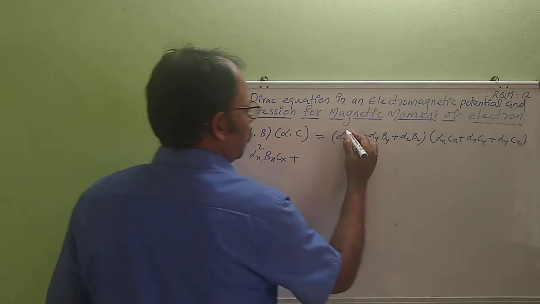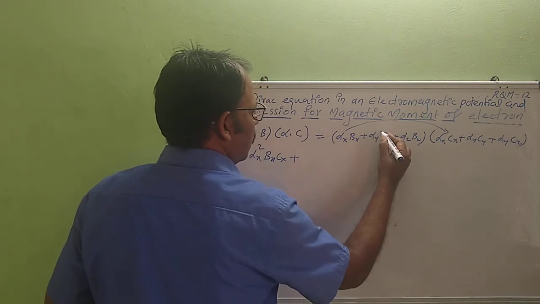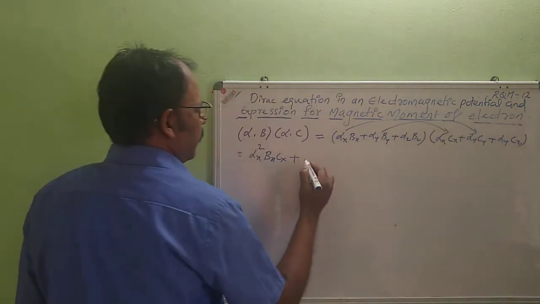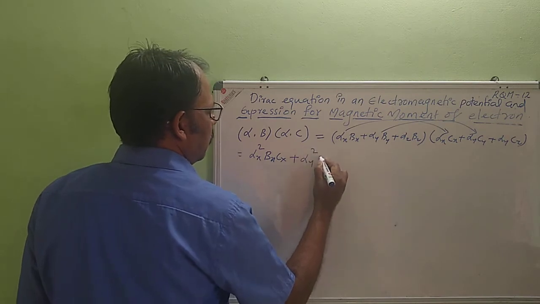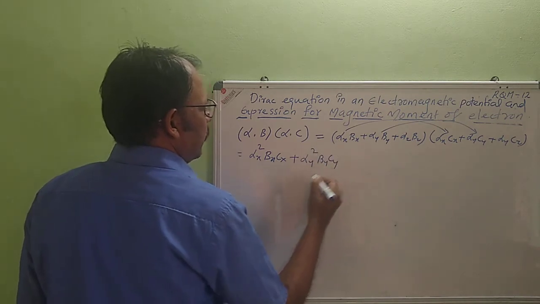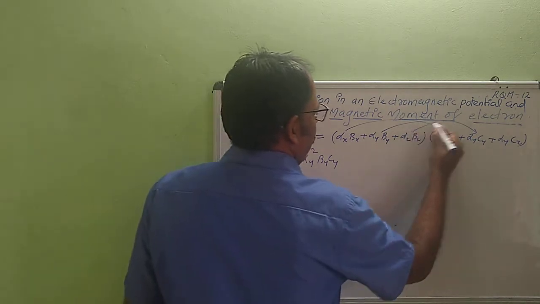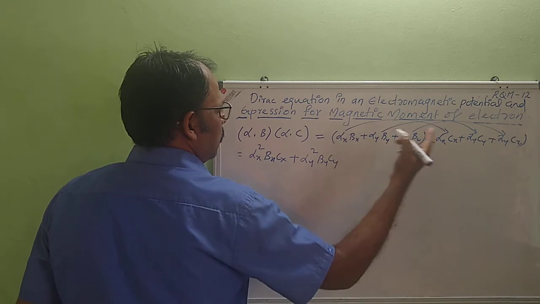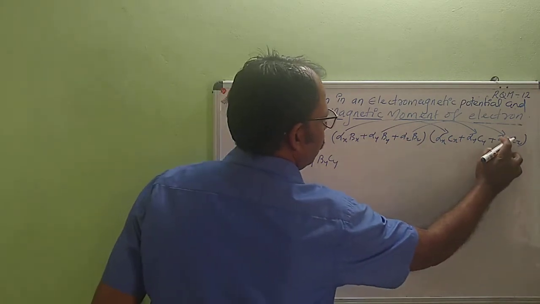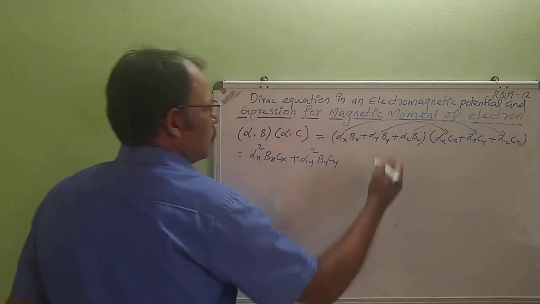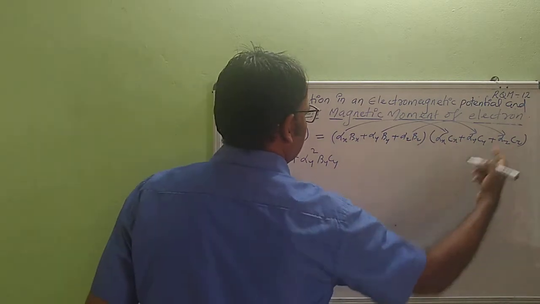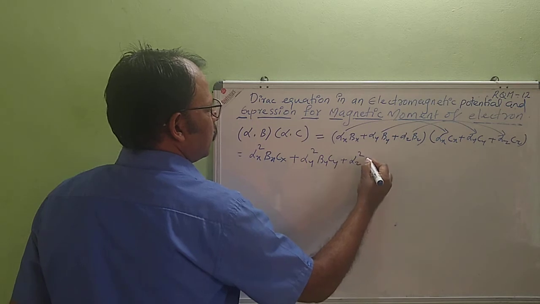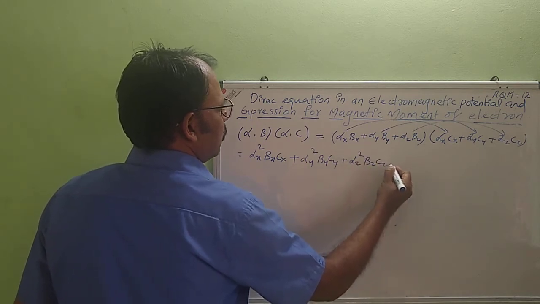Now the product of alpha y By with alpha y Cy will be alpha y square By Cy. The product of alpha z Bz with alpha z Cz will be alpha z square Bz Cz.